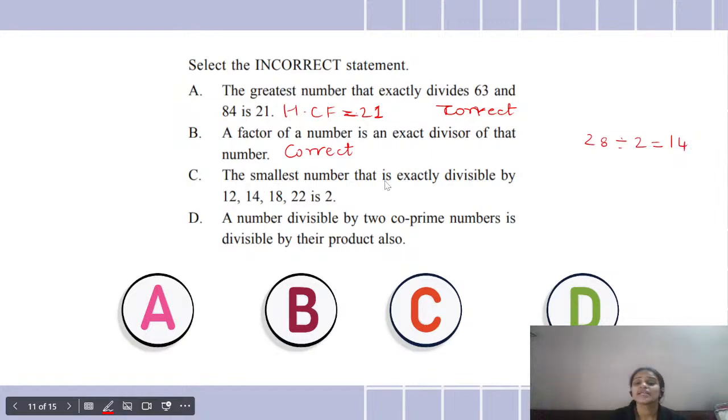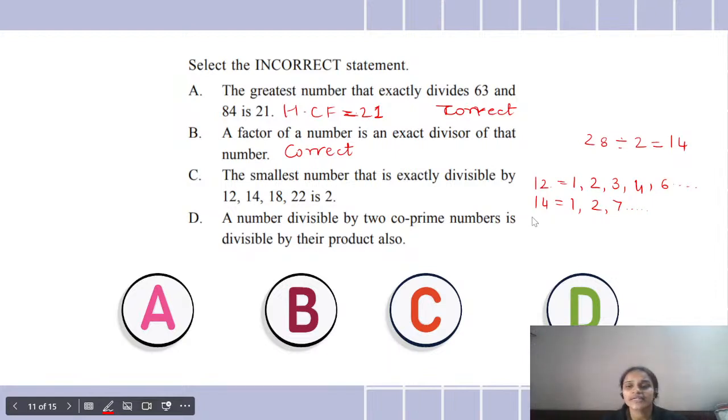The smallest number that is exactly divisible by 12, 14, 18, 22 is 2. So here, finding out the factors. Whenever we write the factors of any number, we start with 1, 2, 3, 4, and so on. So here also 14, we have 1, 2, 7, and so on.